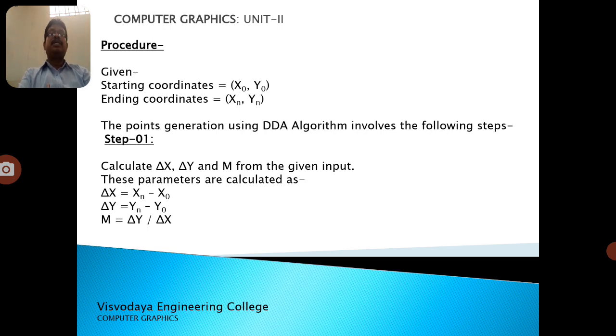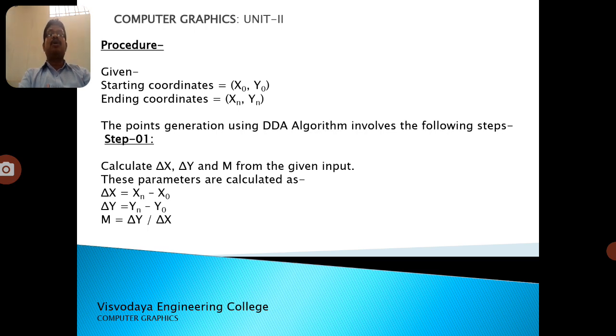They are also denoted as dx and dy. Here m is the slope value. The notations are: delta x equals xn minus x0, delta y equals yn minus y0, and the slope m equals delta y by delta x. So initially we find these three values.